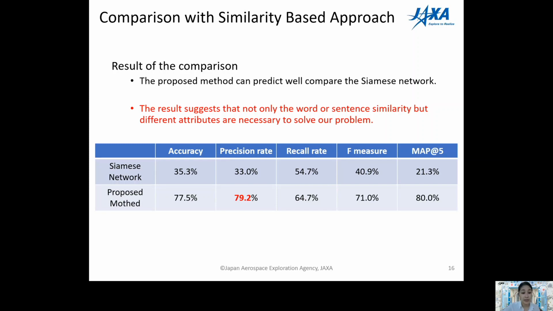So the results suggest that not only word or sentence similarity, but different attributes are necessary to solve our problem. This was a really important finding for us because most related work has good precision rate with similarity. So it represents the uniqueness of our data.